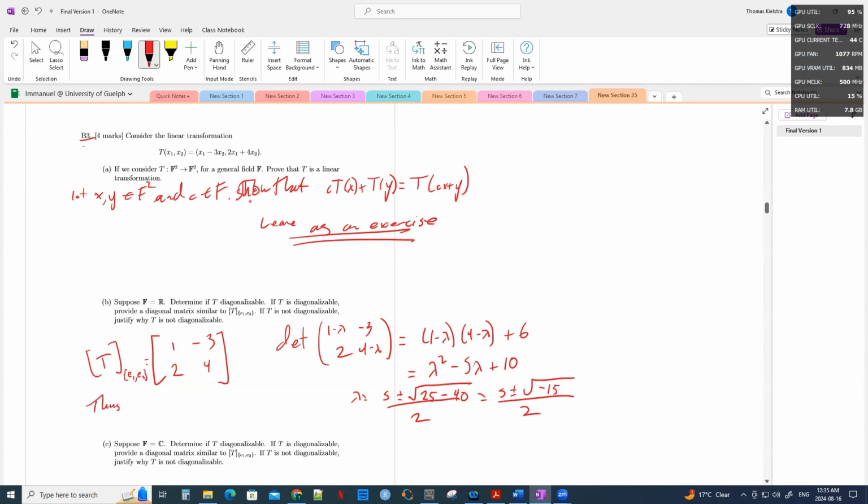Thus, the eigenvalues, or the roots of the characteristic polynomial, are complex. Therefore, there are no real eigenvalues.